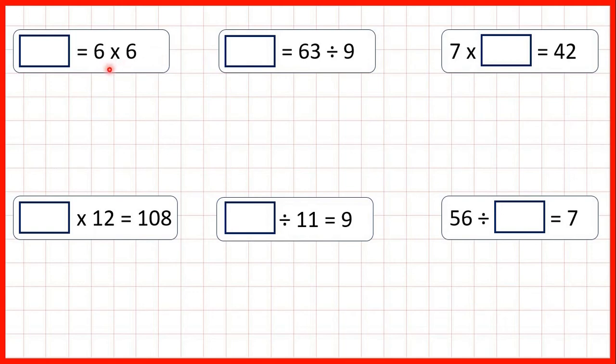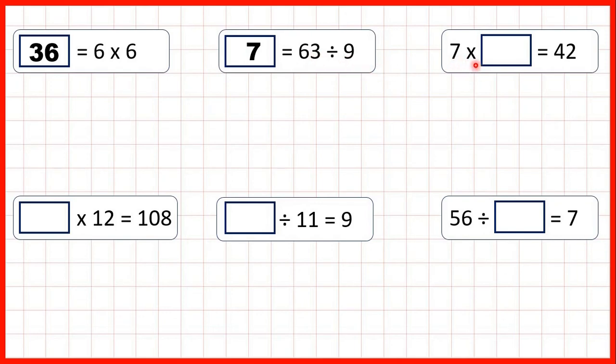We do the same thing. So 6 times 6 is 36. Here, again, we only have an answer box on this side of the equal sign, so we just do the calculation. 63 divided by 9 is 7, because 7 times 9 is 63.